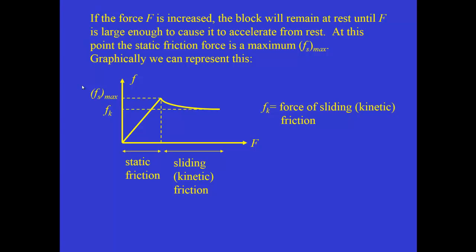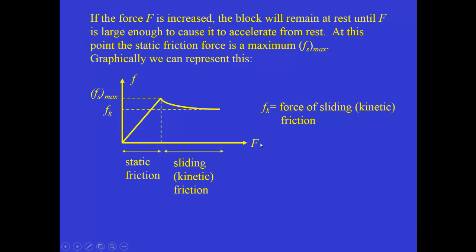So the way that we can summarize the sorts of experimental observations that you can make is through a diagram like this. And what we're plotting on the vertical axis is the force of friction. And we use a lowercase f to represent this. On the horizontal axis, we're imagining that we're plotting the applied force. So if the applied force is zero, the static friction force is zero.